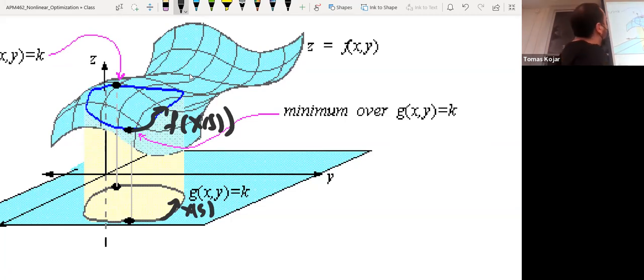And yeah, locally, you know that this guy is the min. So if it's the min of f of x, it would be the min of this f of x of s function. That's all. That's the intuition.